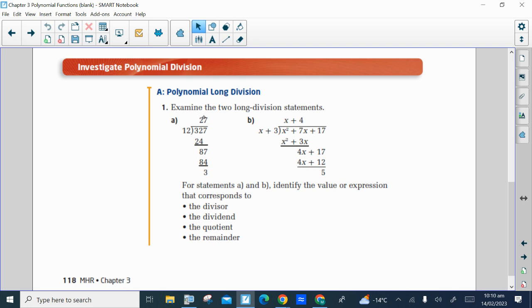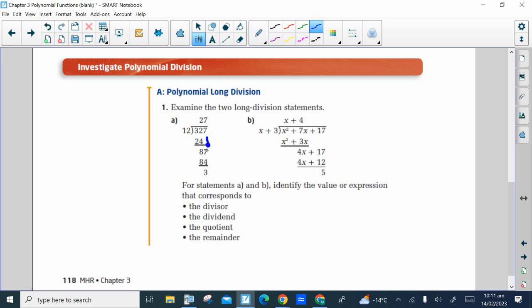Whatever you write on top, you multiply by what's in front. 2 times 12 is 24, so that's where that 24 comes from. And then you subtract. 32 take away 24 is 8. Now 12 will not go into 8, so because of that, the 7 that's left up here is brought down.